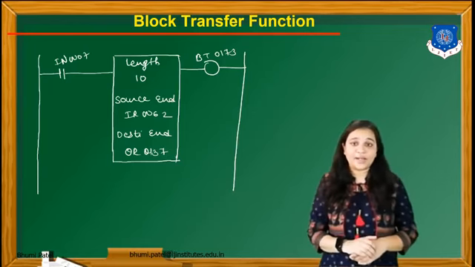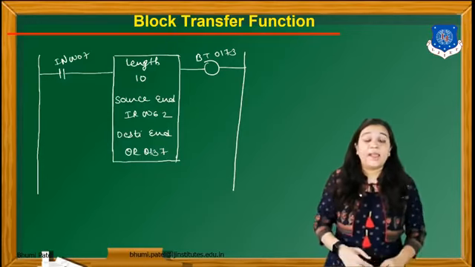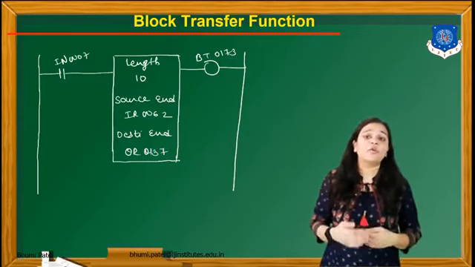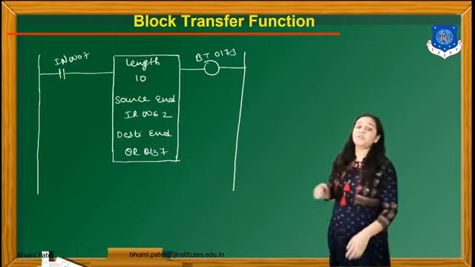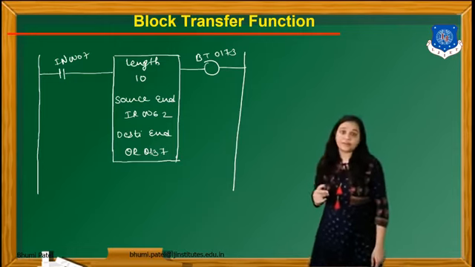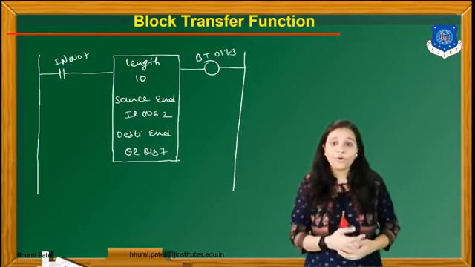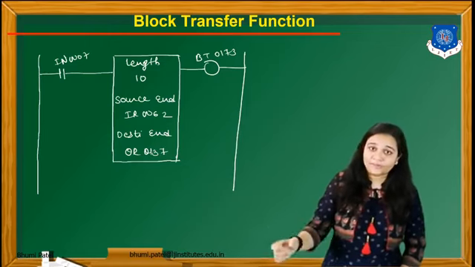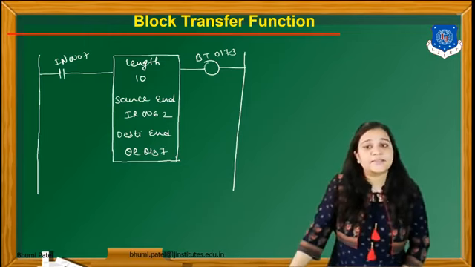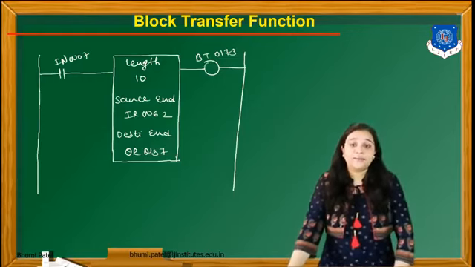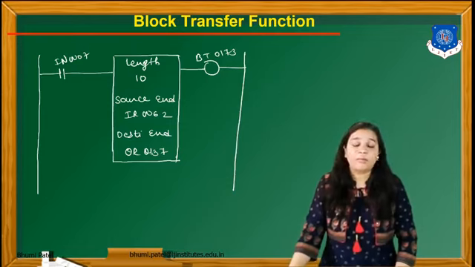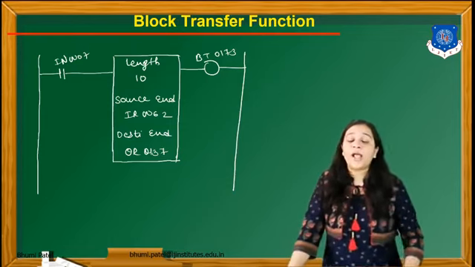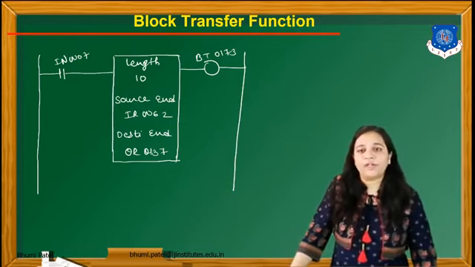Next, in the block format, we have to write the address where the source ends and the address where the destination ends. The computer knows that if the source ends at IR 0062 and the length of the block is 10, then we start from IR 0053.